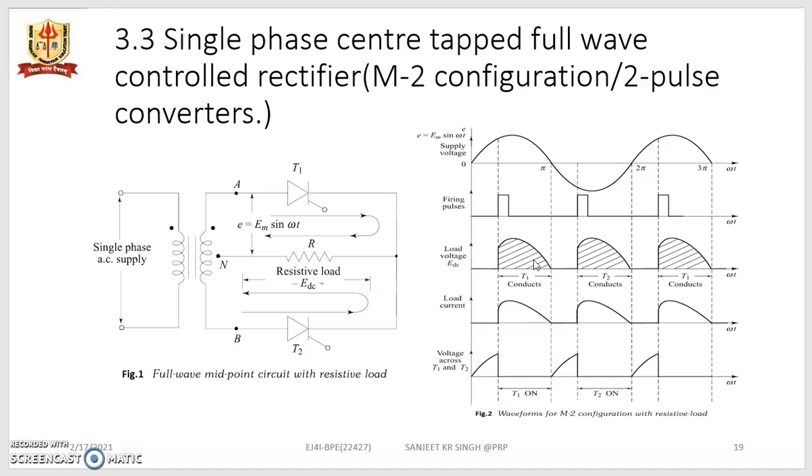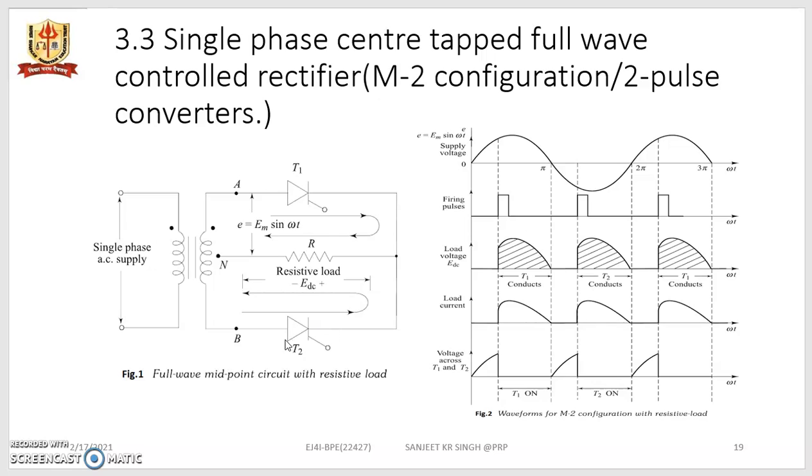The output voltage, that is the voltage supplied to the load, and the load current increase, peak, and follow the curvature of the supply voltage, and at pi the SCR T1 is turned off due to natural commutation as the supply voltage is reversing, therefore making the second thyristor more positive as compared to the first one.